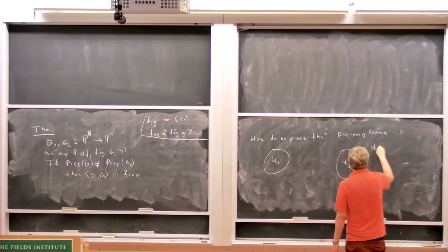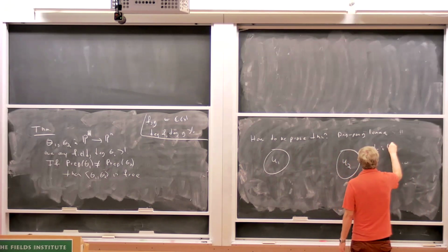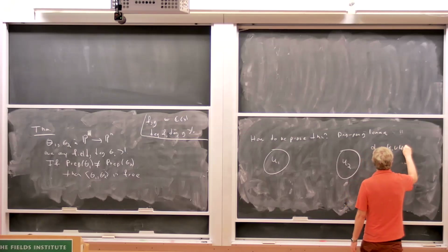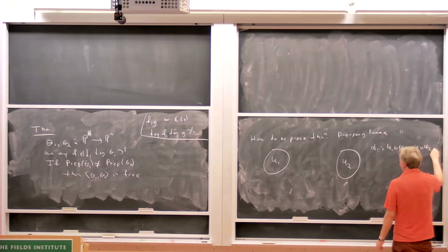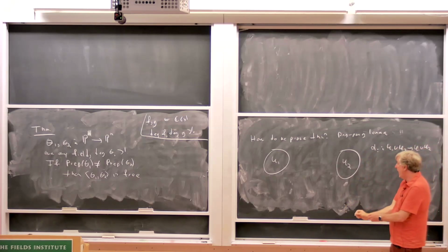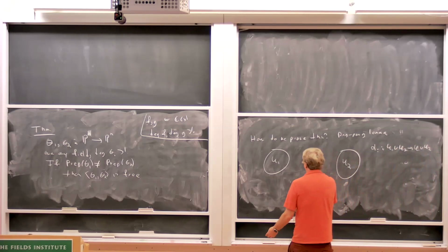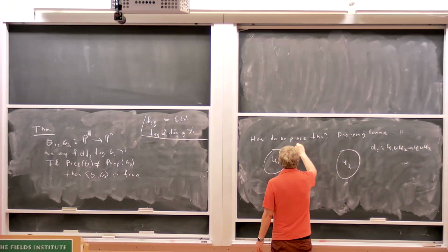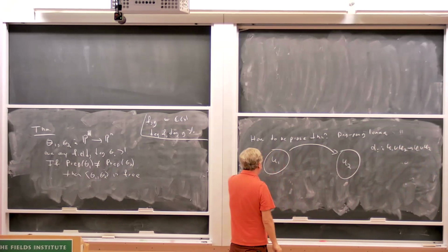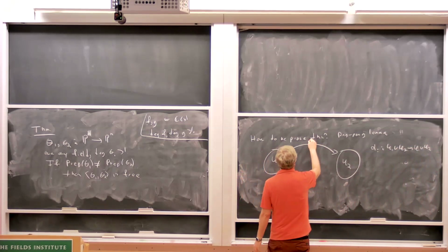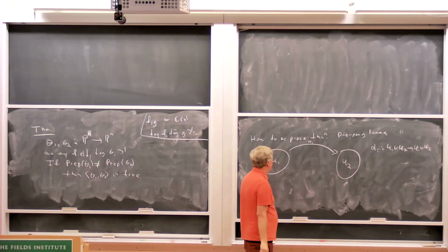So I've got two maps from U1 union U2 to U1 union U2, and here's what happens. Alpha 1 just sends everything into U2.